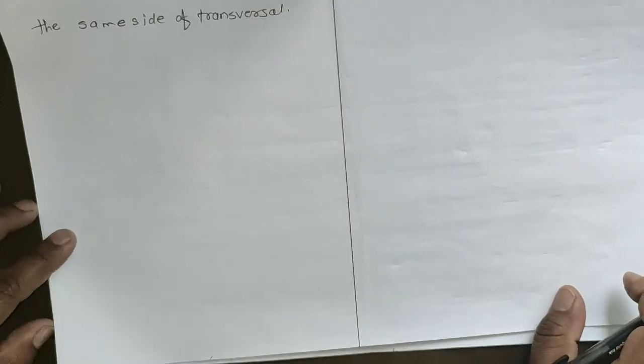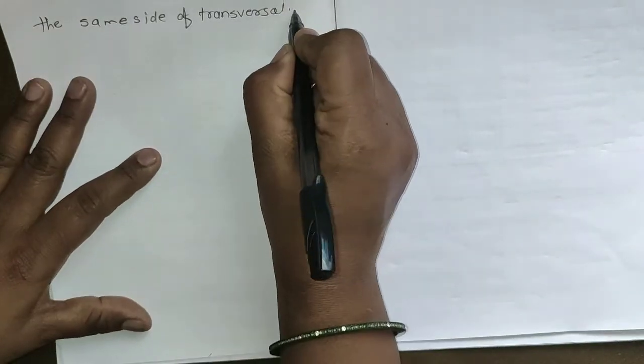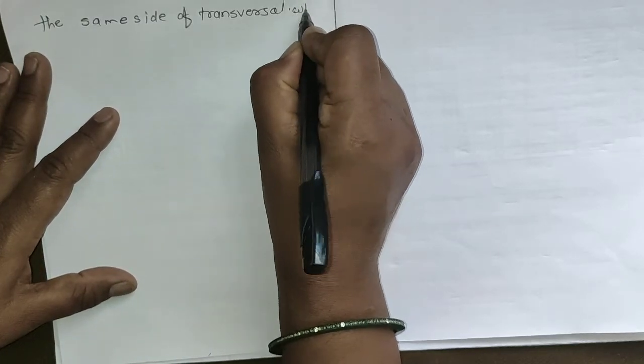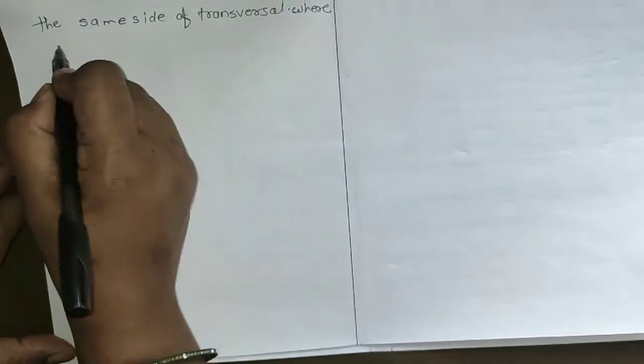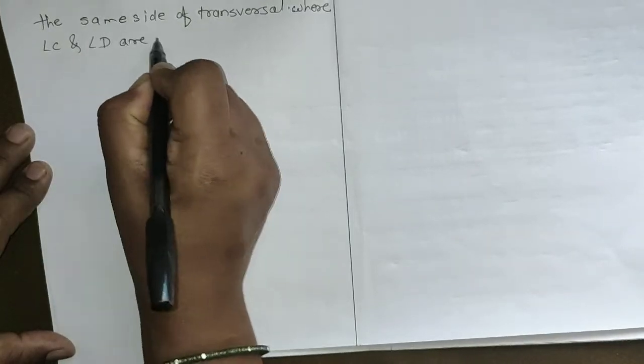So what we wrote here, same side of transversal, where angle C and D are formed. Angle C and angle D are formed.